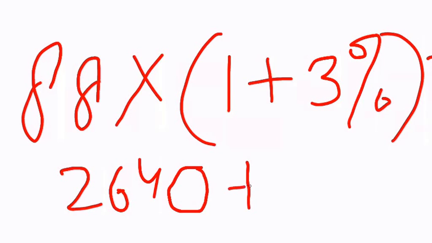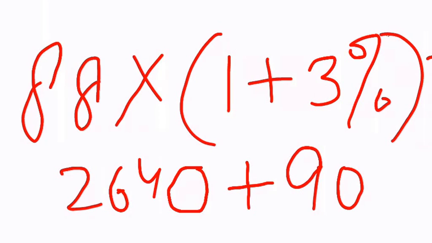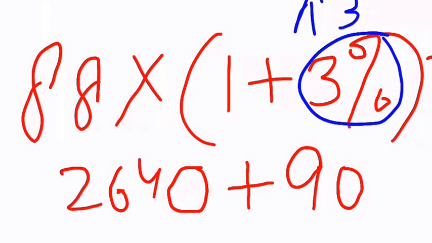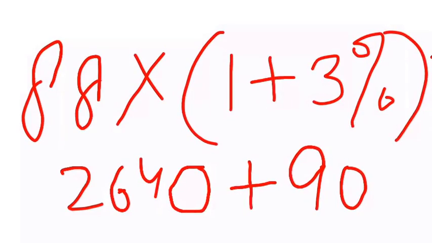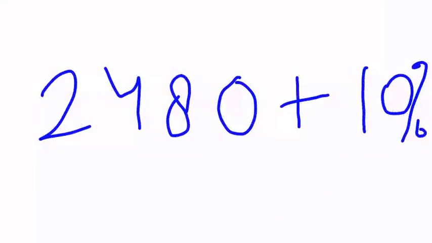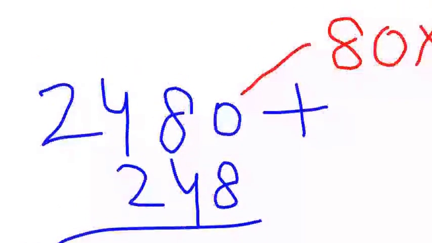And then on top you have to add 3%. Now 3% is easy, because you just say okay, 10% is 264, and 1/3 of that is basically 90. These are approximate calculations, because in reality this 3% should have been 3.33%, but for the ease of calculation we have just taken 3%. If you add these two, you get 2730, right? Now let's look at what we got here: 2728 was the result.